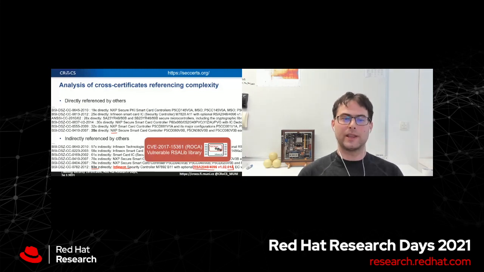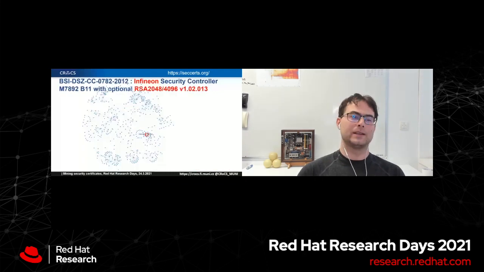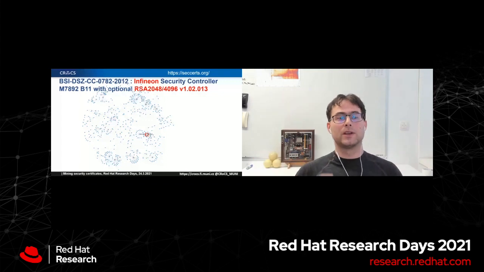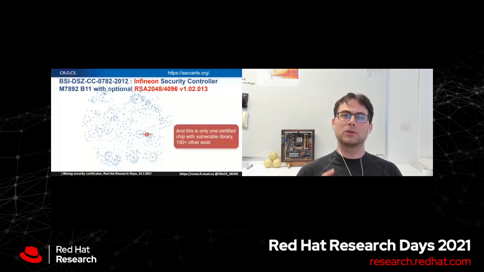So you can just take this one particular chip and plot the graph showing the references. What you can see here are all direct or indirect references ending up with one vulnerable certificate. But the issue here is the vulnerability was not in one specific integrated circuit.